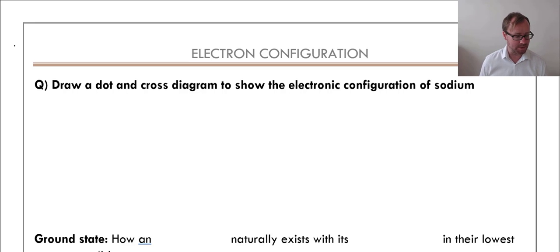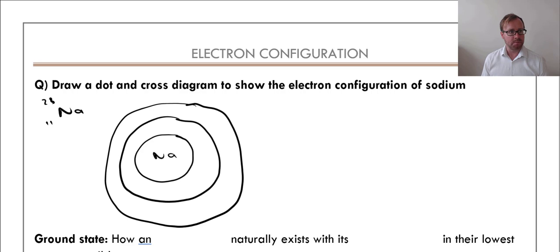So you've got a task to begin with. I would like you to draw a dot and cross diagram to show the electron configuration of sodium. Okay, I'm sure you've all managed it. So we know from the periodic table that sodium has 11 protons, therefore it has 11 electrons because it's a neutral atom.